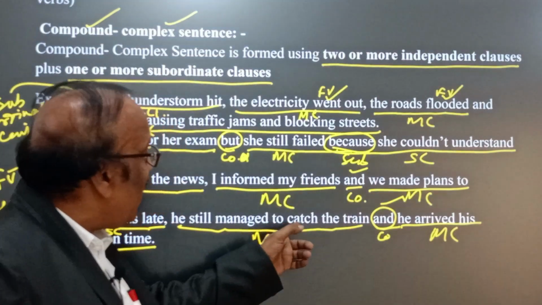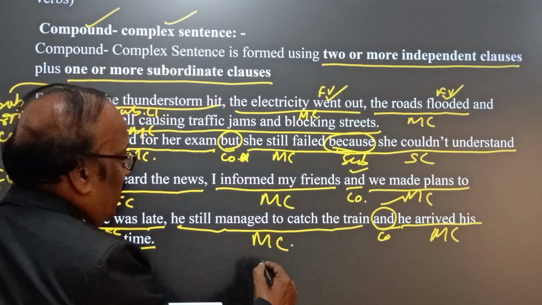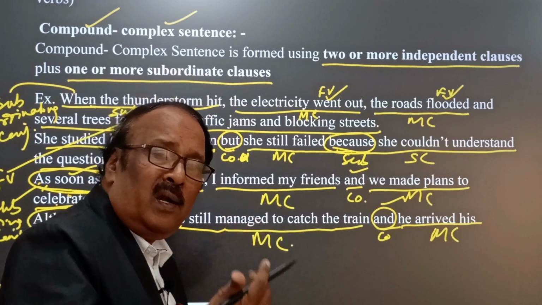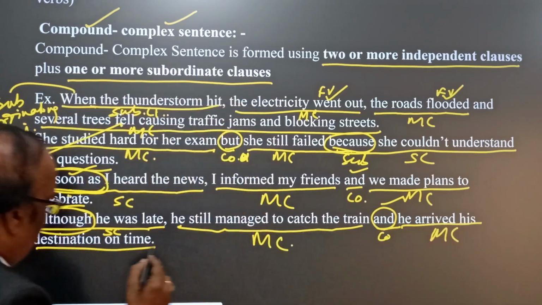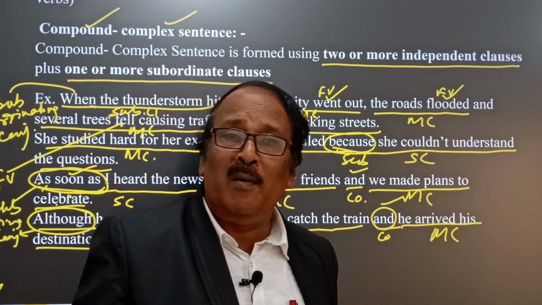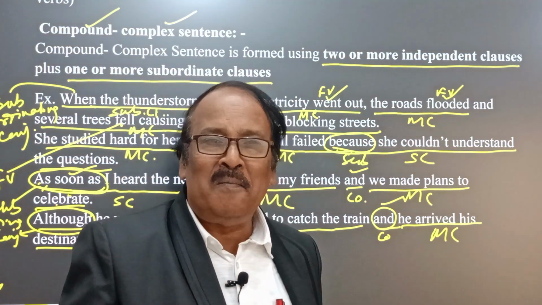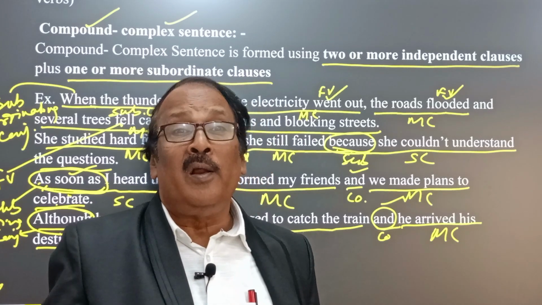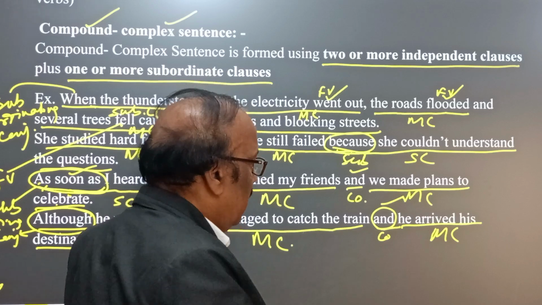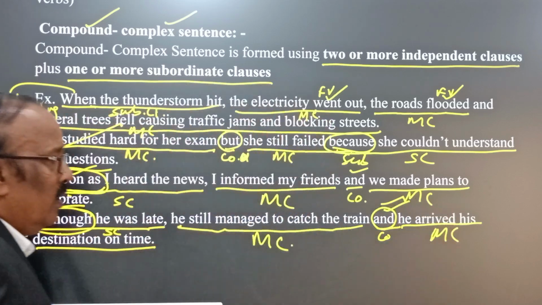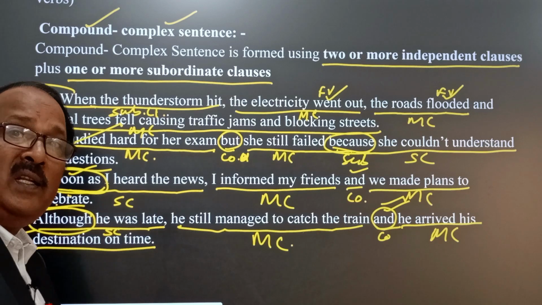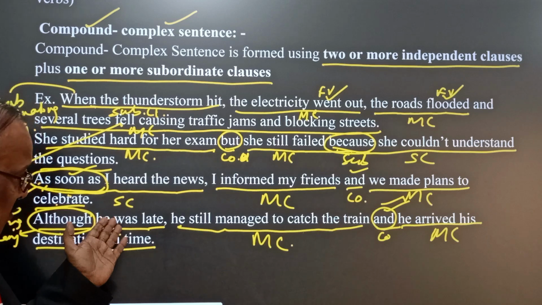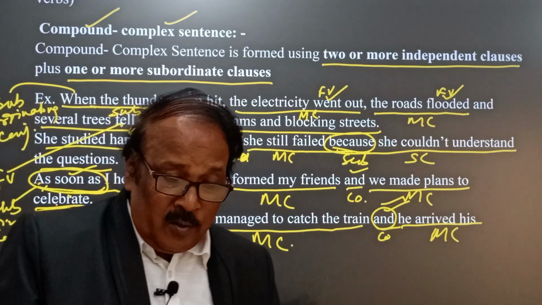He still managed to catch the train is the main clause because it can express the idea independently, and he arrived at his destination on time, meaning the right time. Both are independent clauses connected with the help of the coordinating conjunction and.